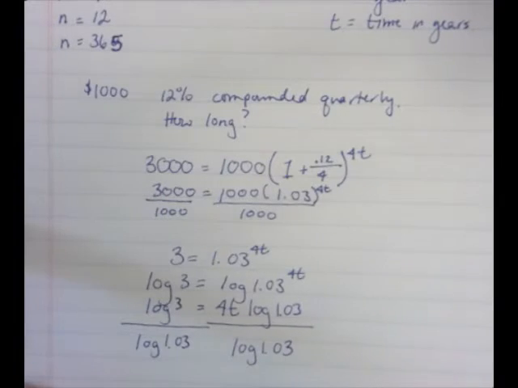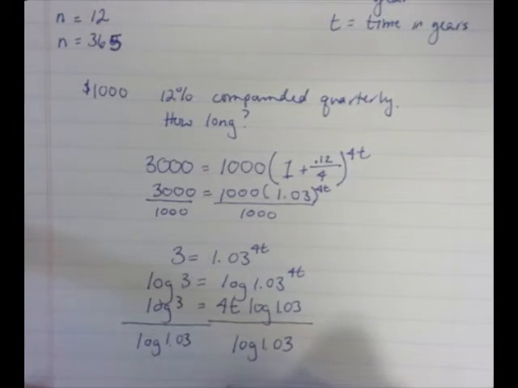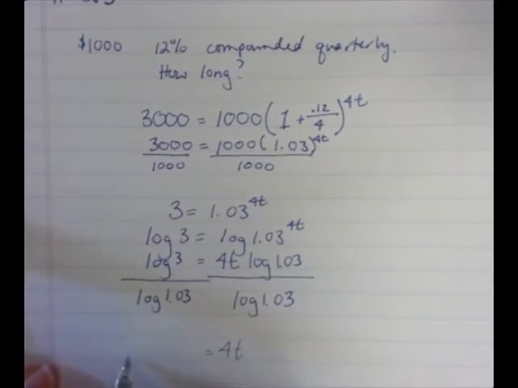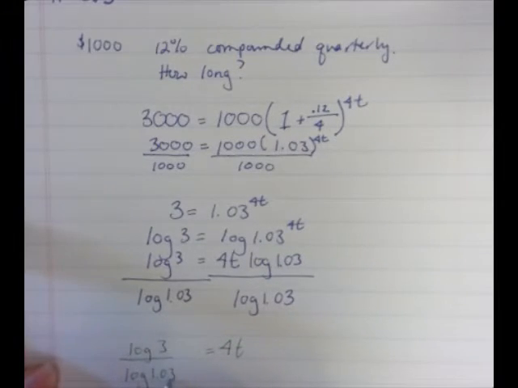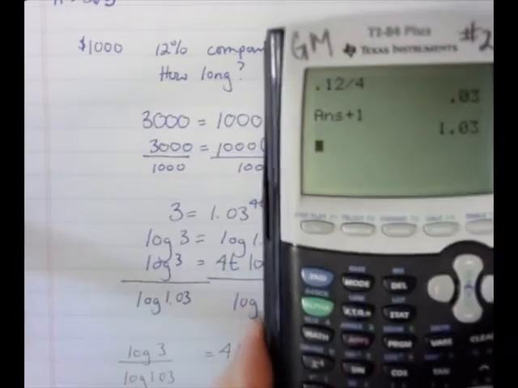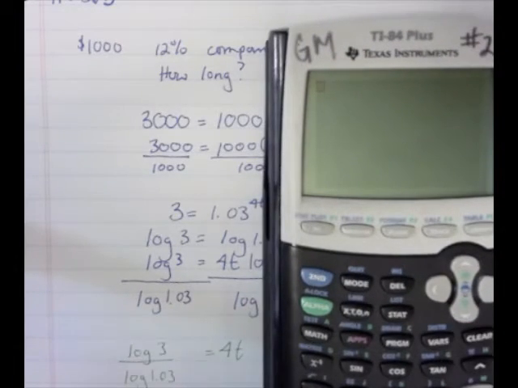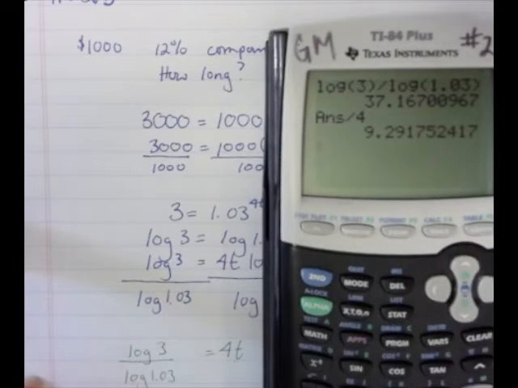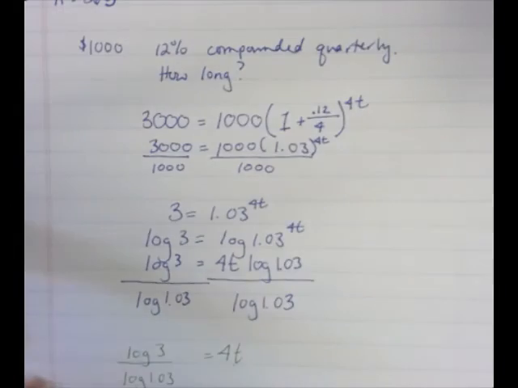So my final answer here is 4t equals log 3 over log 1.03. I'm going to do this math in my calculator: log 3 divided by log 1.03 equals this number. In order to solve for t, I have to divide that by 4, and I get 9.2917.